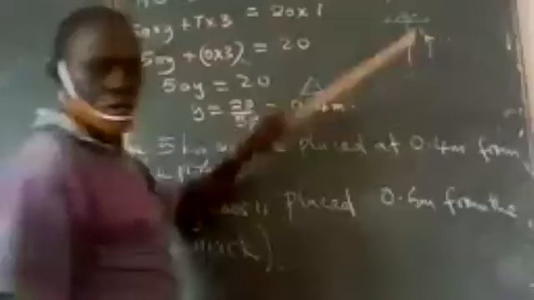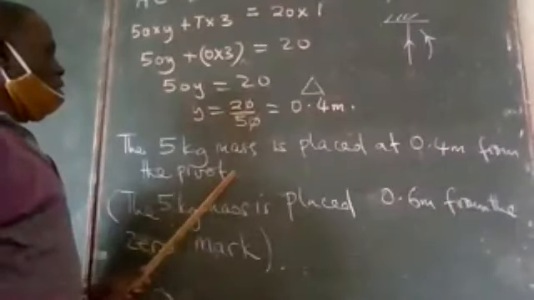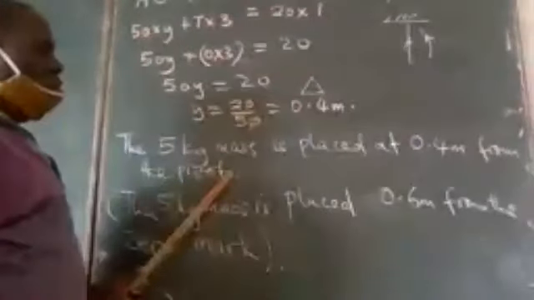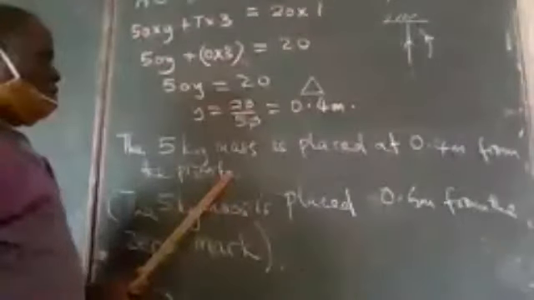Excuse me, teacher. I'm confused on why we say that the 5 kilogram mass is placed at 0.4 meters from the pivot. Because that is where Y is. What was the distance of Y? Do you have a diagram? Yes, I have. Do you see where Y is?